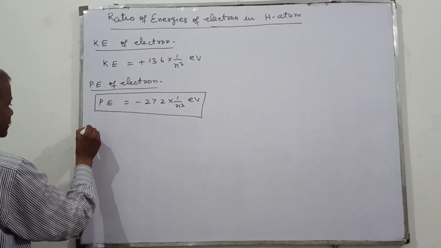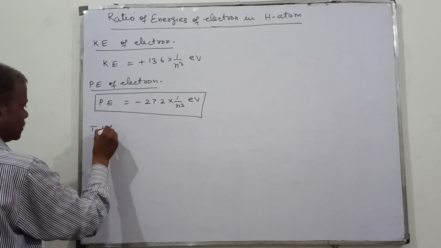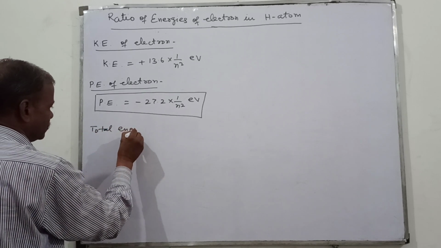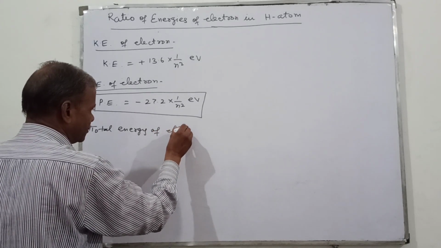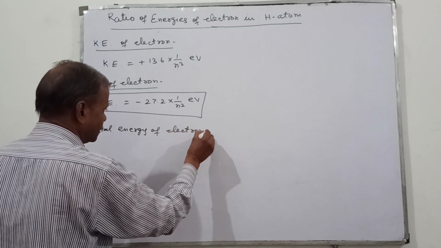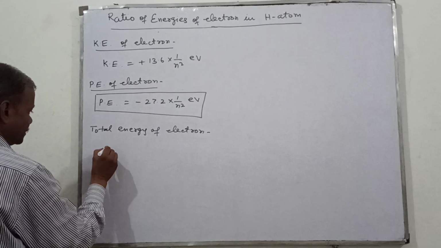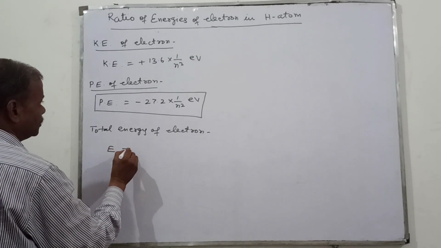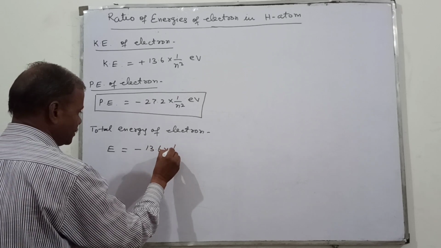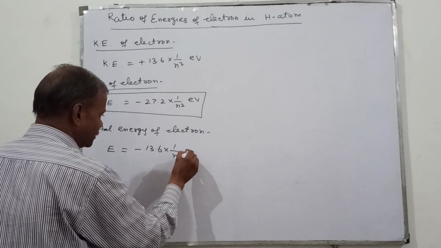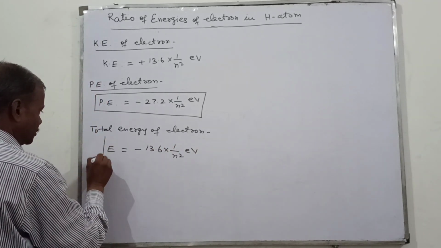The total energy of the electron, E, is equal to minus 13.6 into 1 upon n square electron volt.